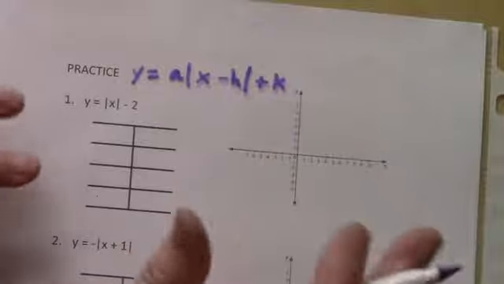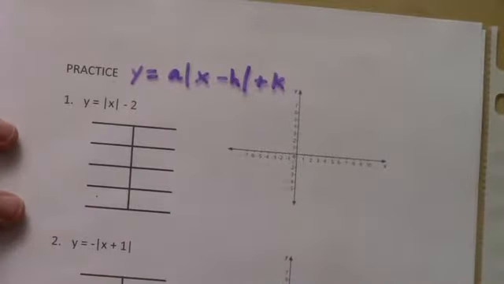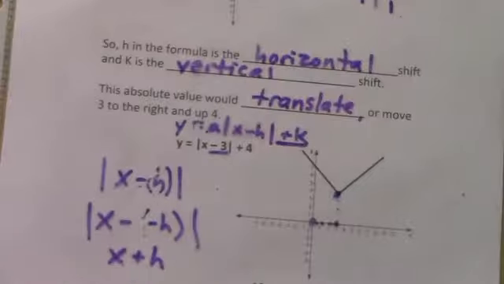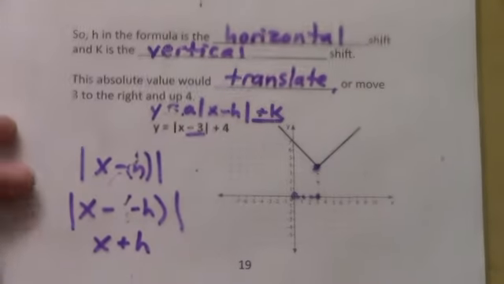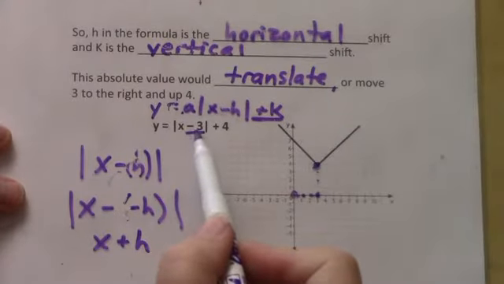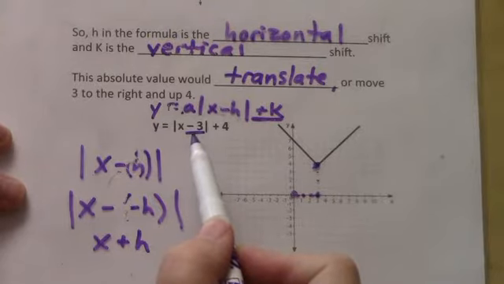Let's go back to this one. If we have a minus 3, it just means we're going to do the opposite, which means it would have been a +3. Let's move on.